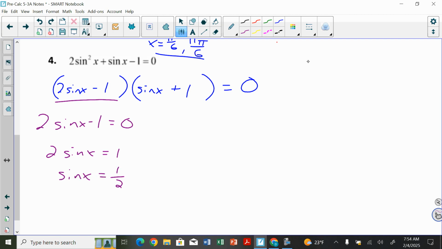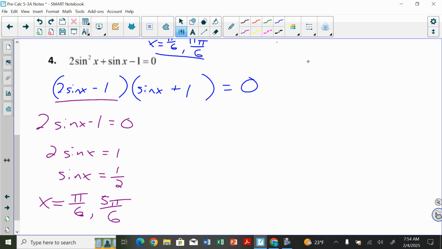So now I'm looking at what values, and I can use my unit circle notes, right? I can look at what values is the sine of x 1/2. So my y-coordinates is what I'm looking at on the unit circle. Turns out pi over 6 and 5 pi over 6 are those solutions there.